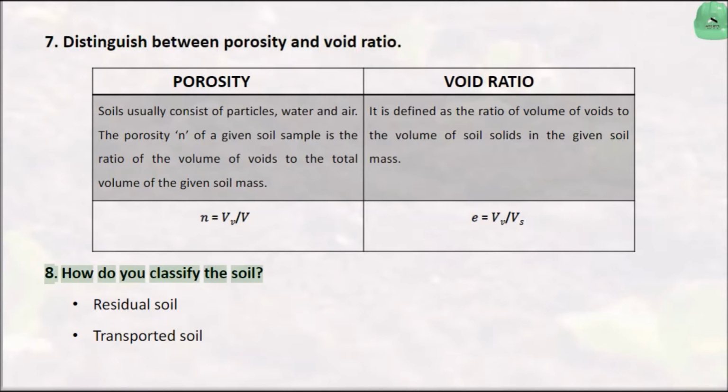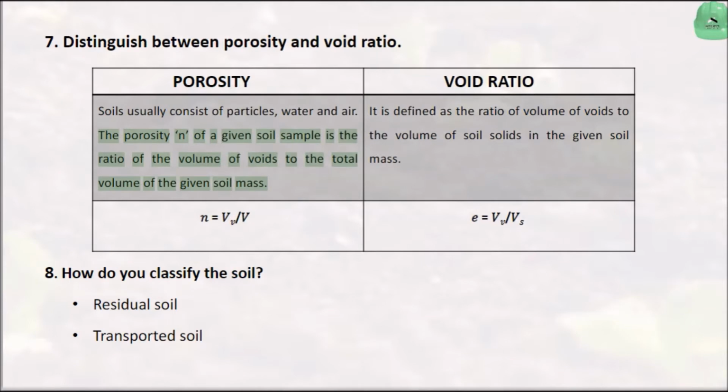8. How do you classify the soil? Residual soil, transported soil. Porosity, void ratio. Soils usually consist of particles, water, and air.